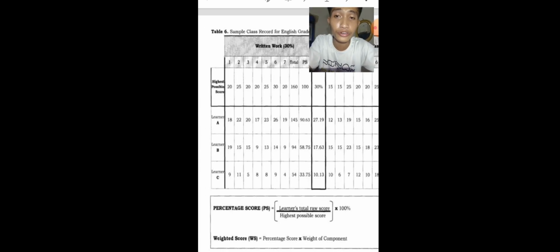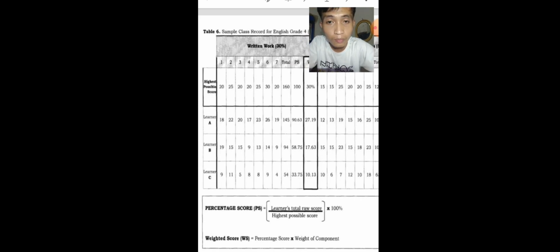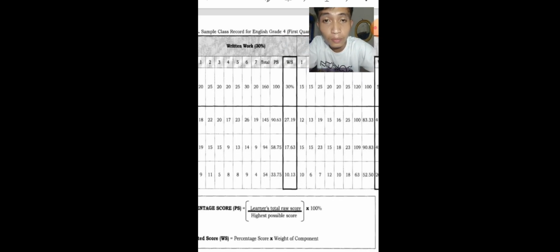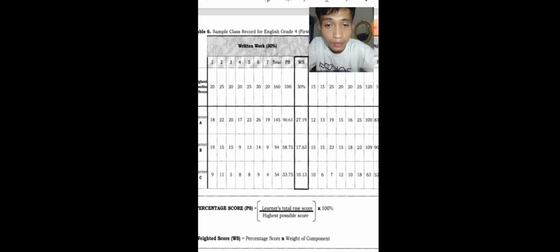In order to get the weighted score, we multiply the percentage score obtained by learners A, B, and C by the weight, which is 30%. So 90.63 times 0.30, we got 27.19 for learner A. Then 58.75 multiplied by 0.30, we got 17.63 for learner B. Learner C got the percentage score 33.75.